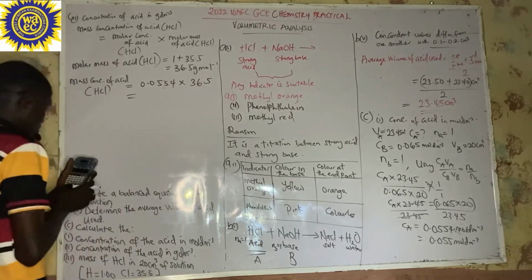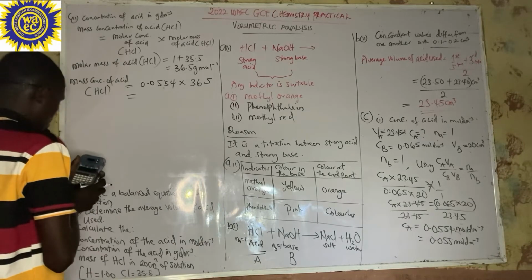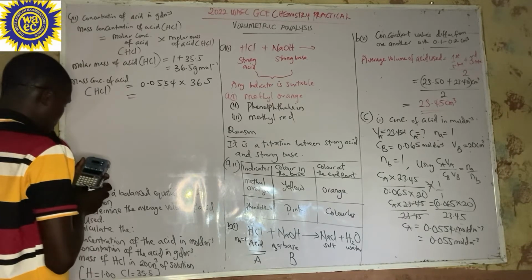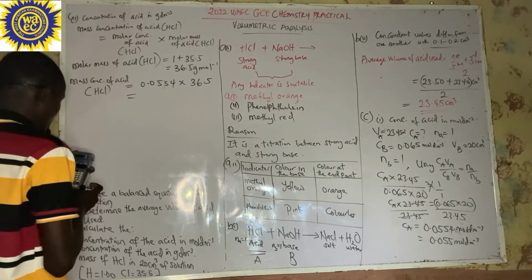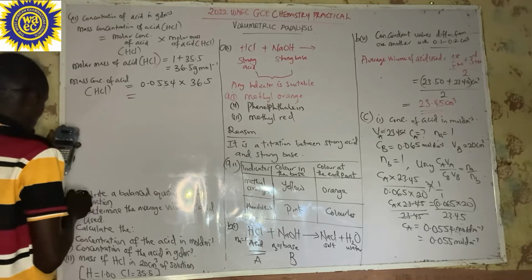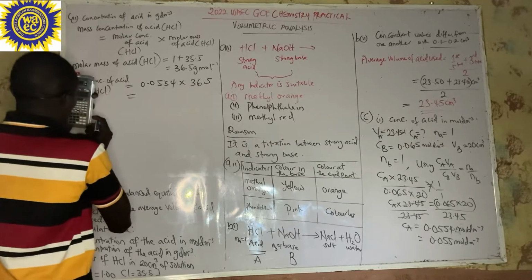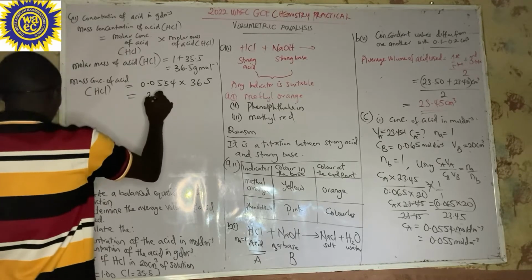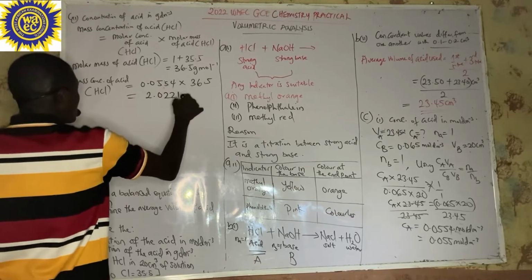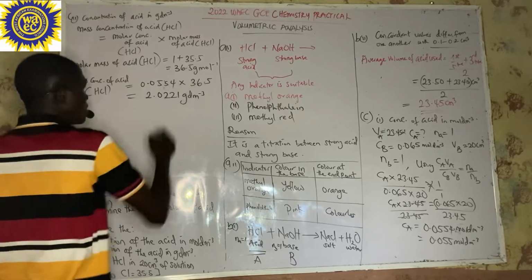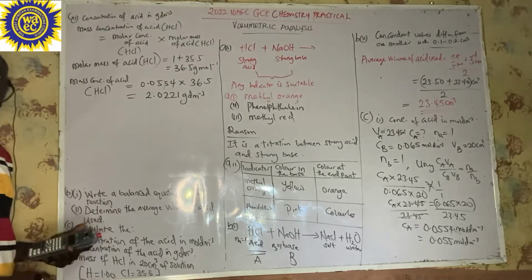So this one will give us 2.0221 gram per dm³. Gram per what? dm³.